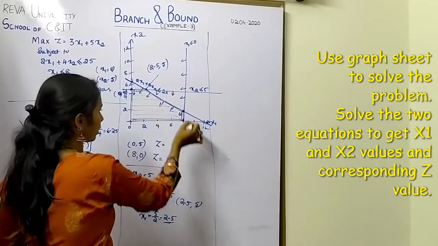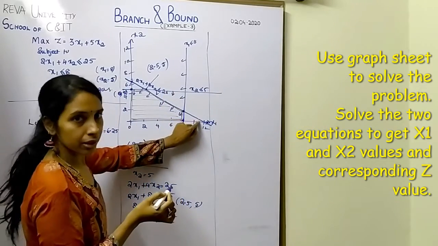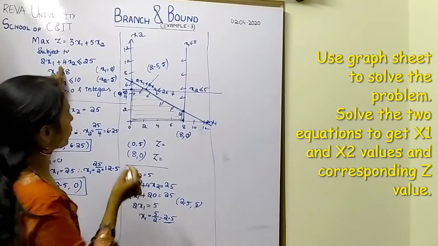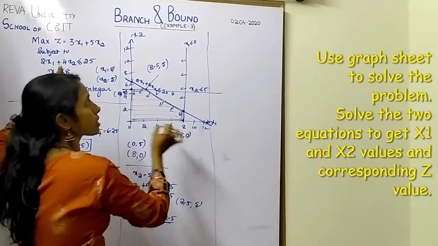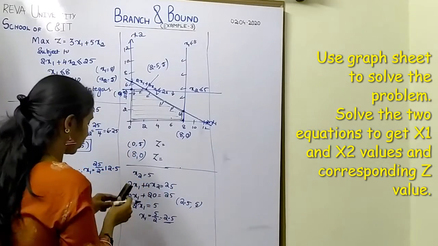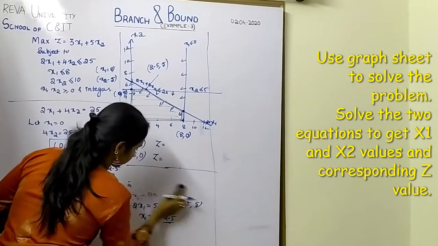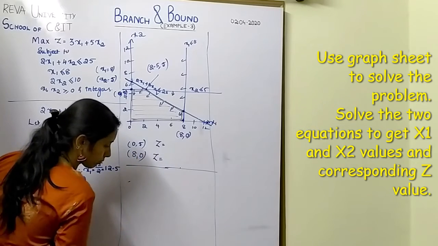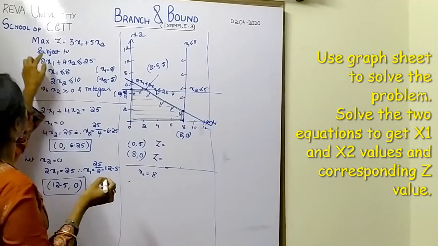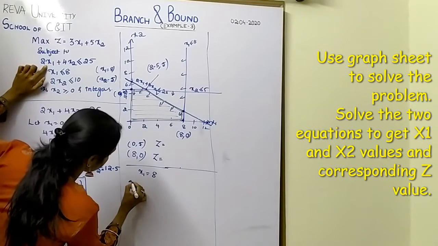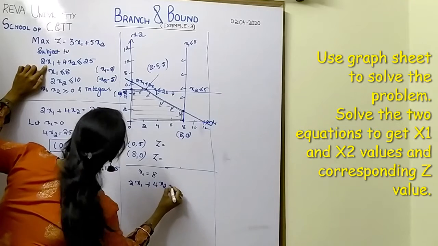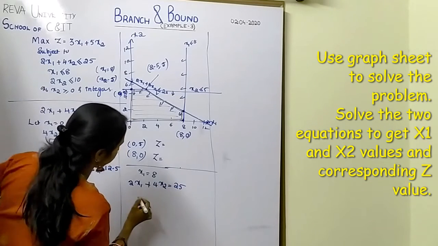How do you get to this intersection? From this equation as well as one more equation, x1 is equal to 8. So solve this. x1 is equal to 8 and 2x1 plus 4x2 equal to 25.